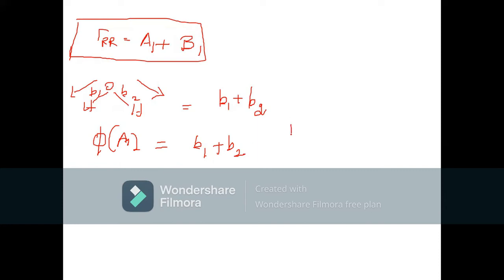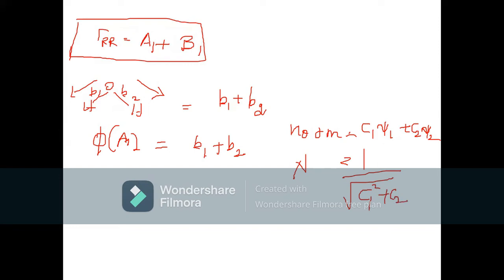For example, normalization is done for a vector, for any wave function which is of the form C1 phi 1 plus C2 phi 2. The normalization constant is nothing but 1 by square root of C1 squared plus C2 squared.